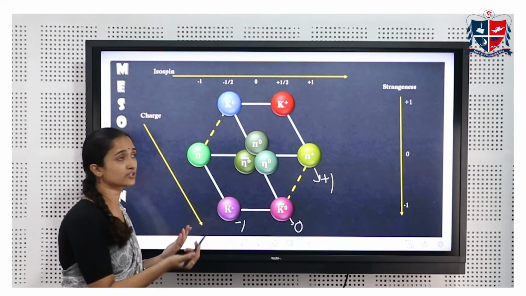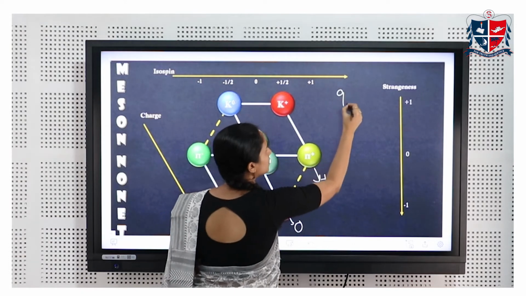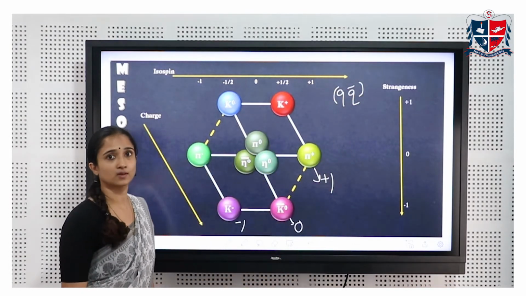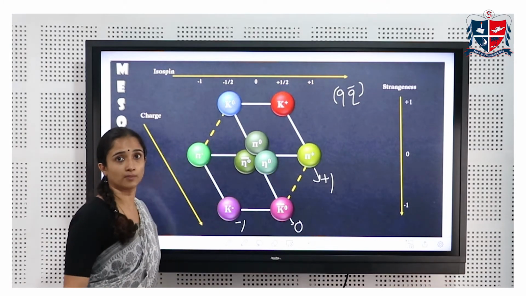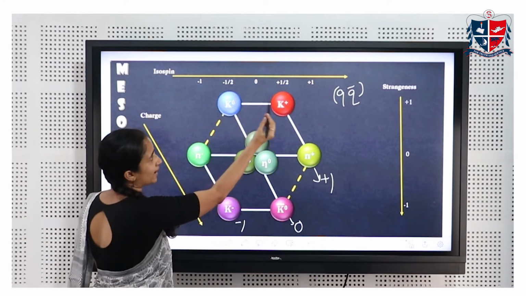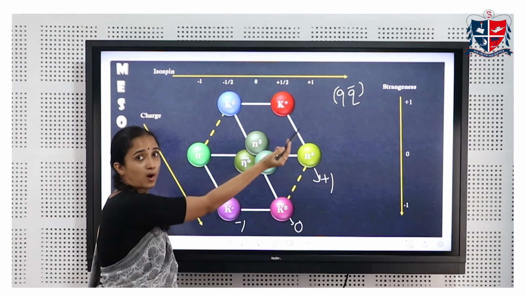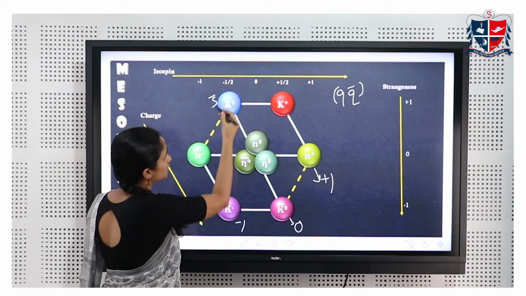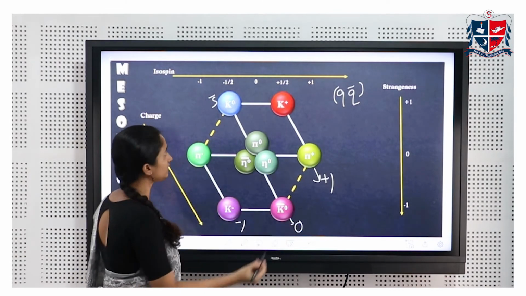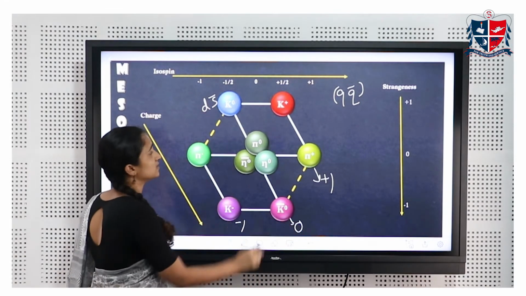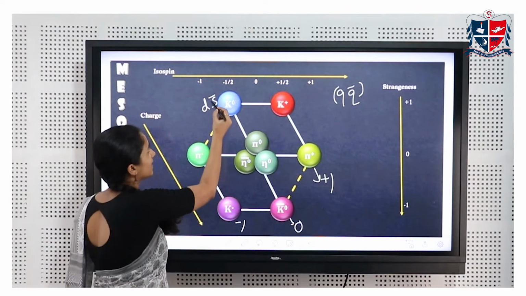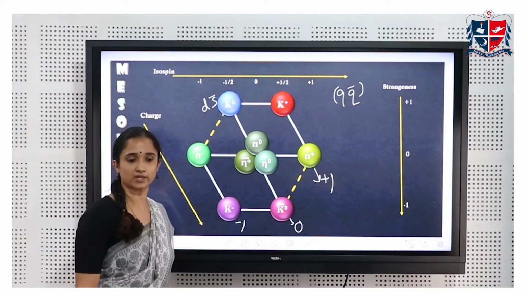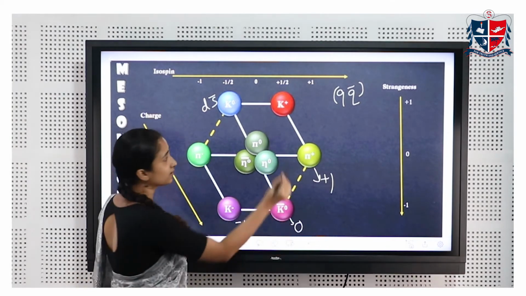Again, these are mesons. Mesons are composed of a quark and an antiquark pair as we know. So let's see what these are made up of. For K0, we have a strangeness number +1, which means the quark has to be an antiquark. Charge is 0, which means this has to be D. D is -1/3. S bar will be +1/3. So this will give you a K0 particle. Fine.